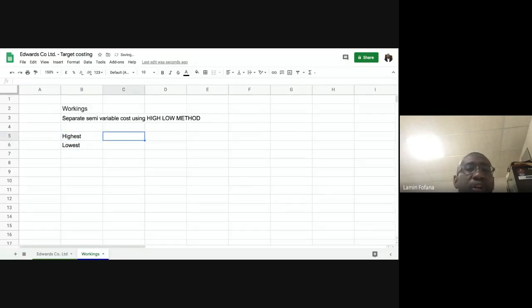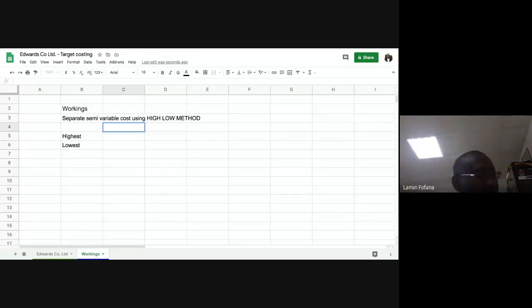So the first column will have our, let me create one space here. Now I can do it here. So I can have my activity level. I'll not call it activity level, but what's the name of the activity level here in this question?